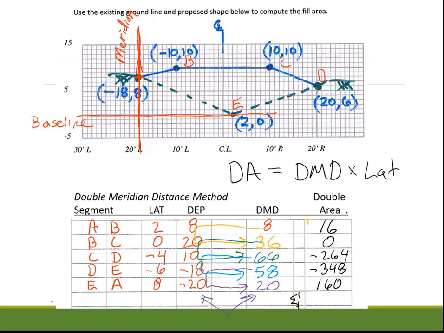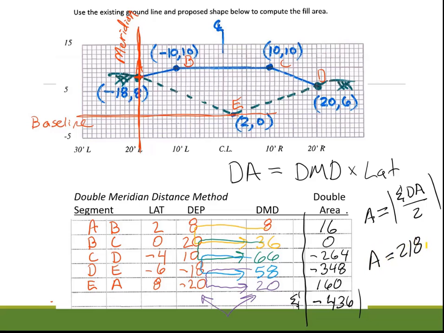If I sum this column, I get the summation of the double areas equal to -436. My actual area is the summation of the double areas divided by 2. I'm going to take the absolute value, because of the direction that I went, I get a negative. If I had gone counterclockwise, I would have gotten a positive. This gives me an area equal to 218 square feet.